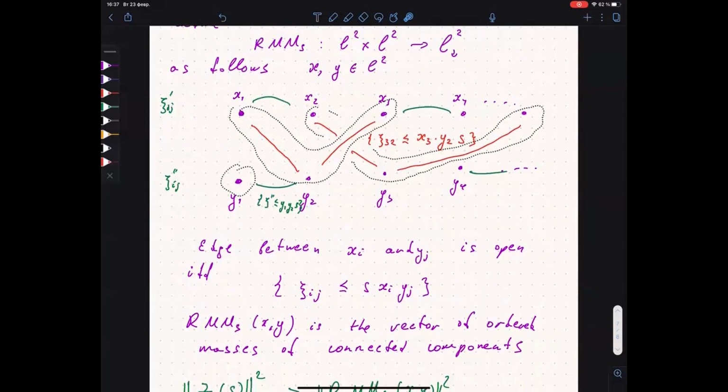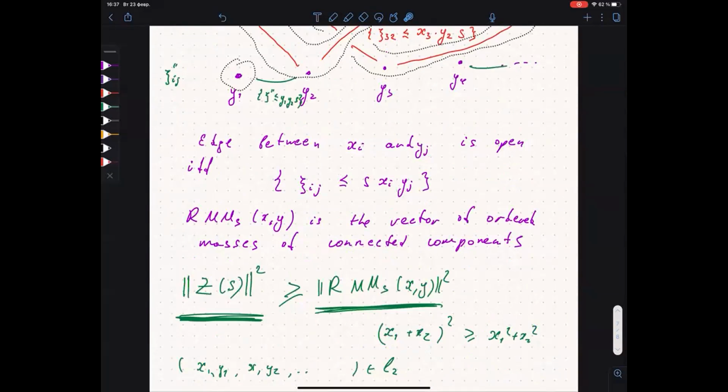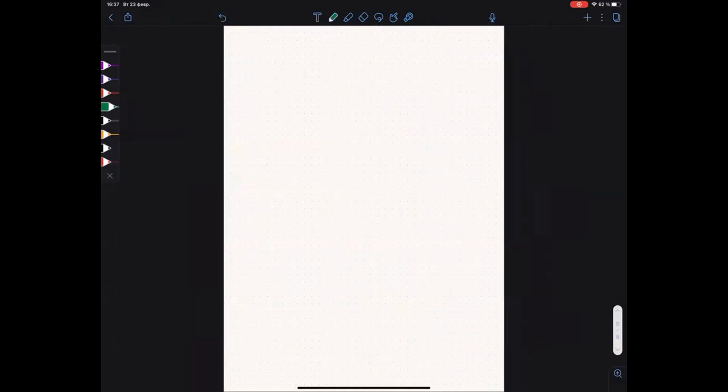But what happens if s is equal to 0? You have no edges, and then the vector which you get is just the sum of the two. No, you need to take the vector x1, y1, x2, y2, and so on, mix it and order it, because you have no edges.